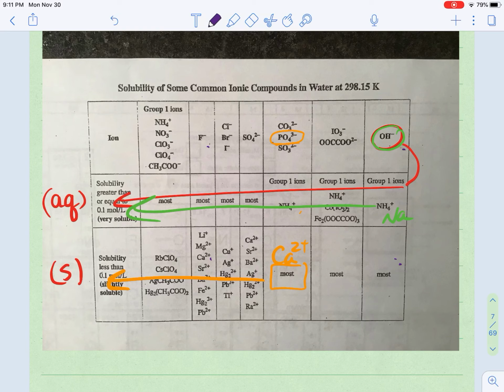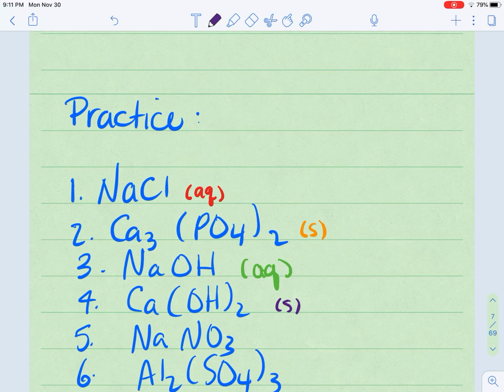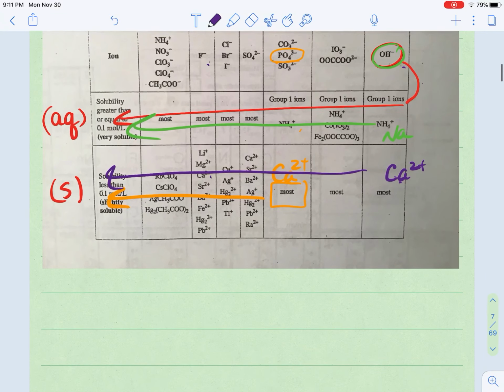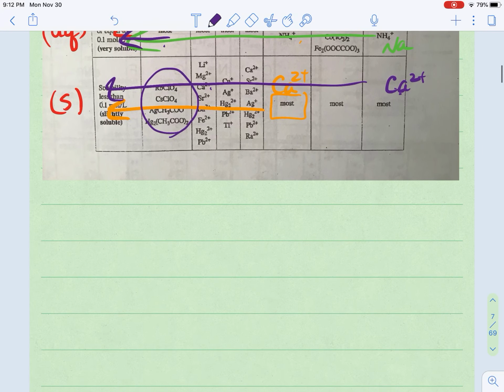So hydroxide with calcium, calcium would come into this area, so we'd write that as solid. And sodium nitrate, if we find nitrate over here, and it says most things with nitrate are going to be aqueous, so we'll assume that with sodium that would be that category because sodium is not found in here with nitrate. So sodium with nitrate would be aqueous.